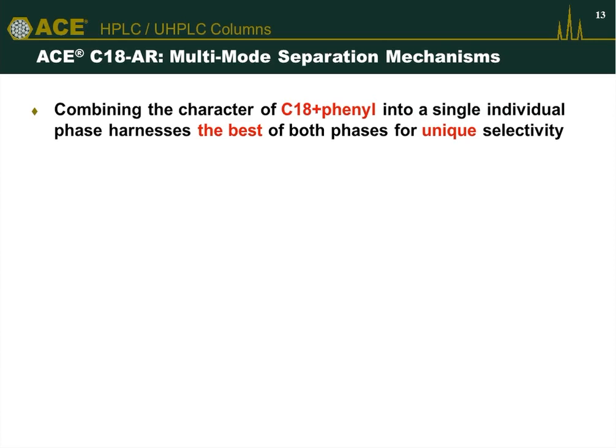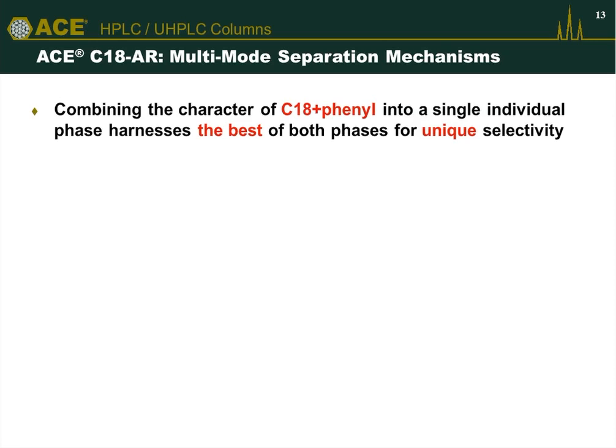So what type of mechanisms are present, for instance, on the C18AR stationary phase? At ACE, we use a variety of protocols to understand the chromatographic properties of the stationary phases that we make. And predominantly we use the Tanaka protocol, which is a series of different probes that you run under specific mobile phase conditions, and it gives you an indication of the weighting of different mechanisms on the stationary phase.